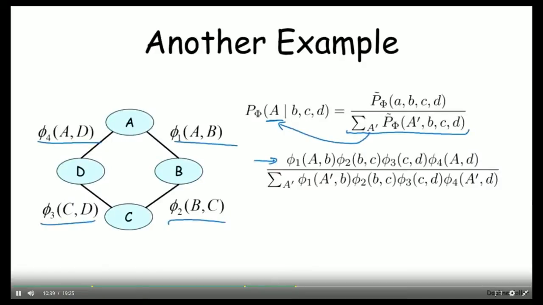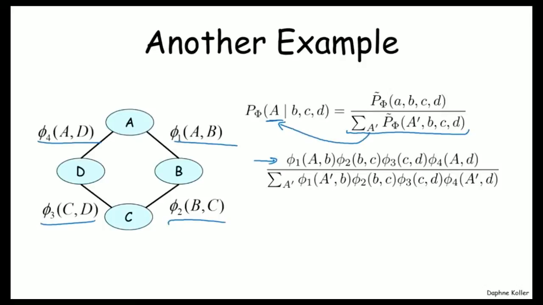Well, some things immediately jump to one's eye, which is that phi2 BC appears in the numerator and in the denominator, and therefore I can cancel it. And similarly with phi3 of CD. And so what I end up with here is a product of just two factors, phi1 of AB and phi4 of AD, which are the two factors that involve A.